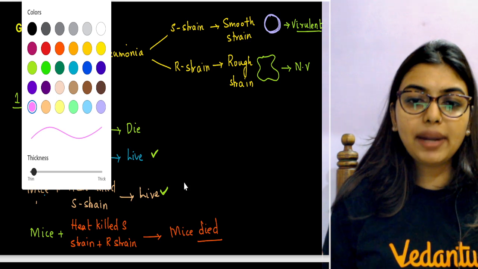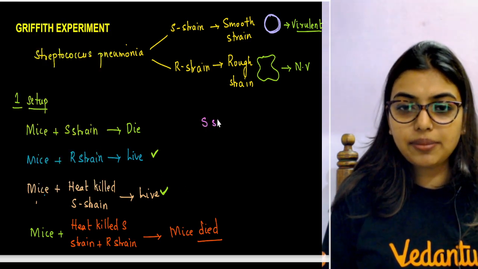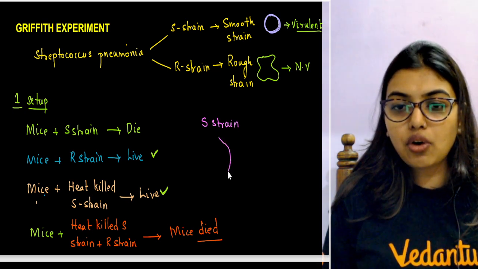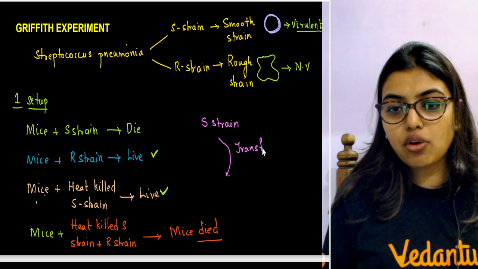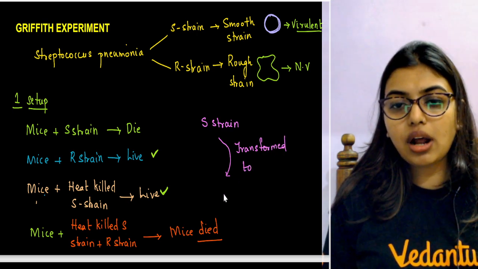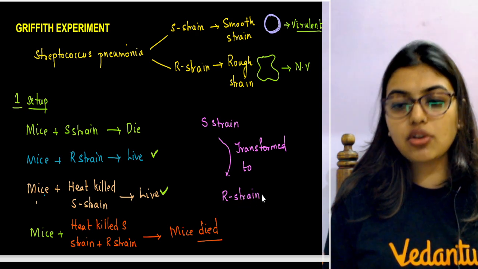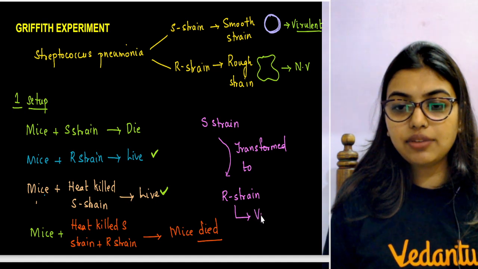But he understood that something from the S strain got transformed to the R strain. Something from the S strain got transformed to the R strain that made R strain suddenly virulent.